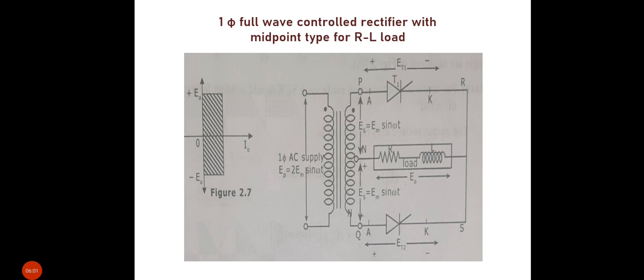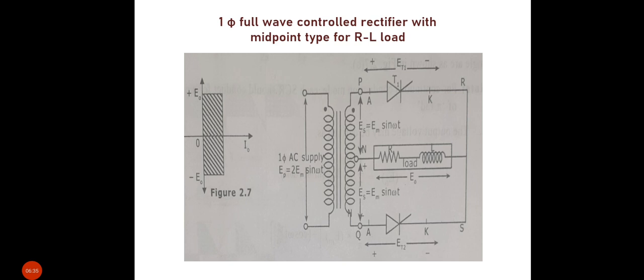In an RL circuit, the current waveform is continuous when alpha is less than or equal to phi and conduction angle gamma is greater than or equal to pi, where phi is known as the load power factor angle, defined by tan inverse of omega L by R. Hence, each SCR conducts for a period of pi radian.